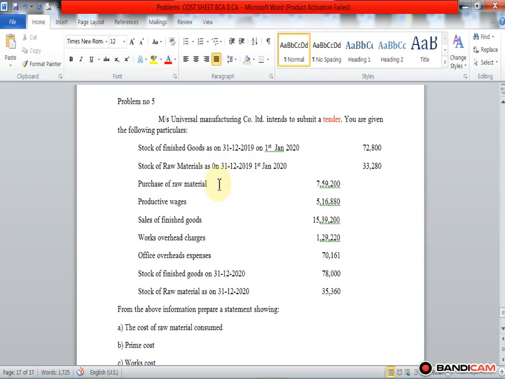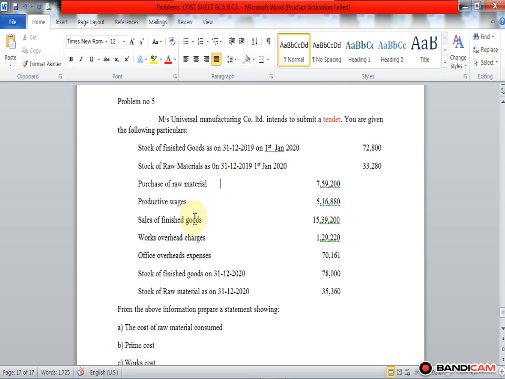Okay, rupees 33,280. Purchase of raw material 7,59,200. Productive wages 5,16,880. Sales of finished goods.